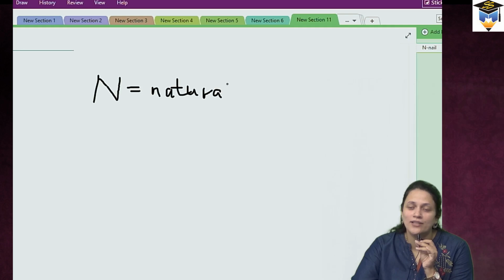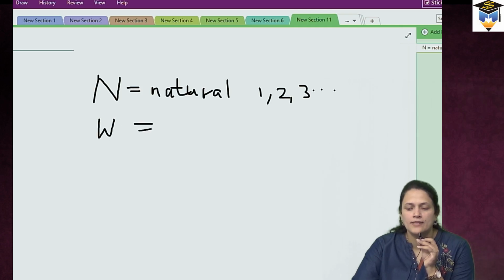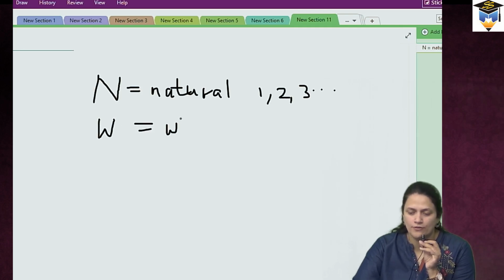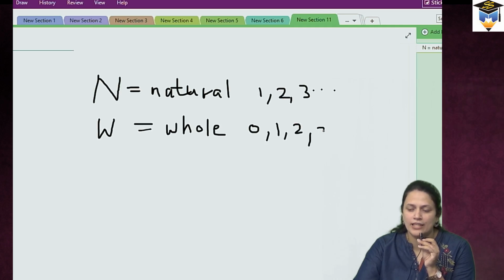Natural numbers start with 1, 2, 3 and so on up to infinity. Then comes whole numbers. Whole numbers start with 0 up to infinity. Then comes integers. You know what are integers? They are negative numbers, 0 and positive numbers.